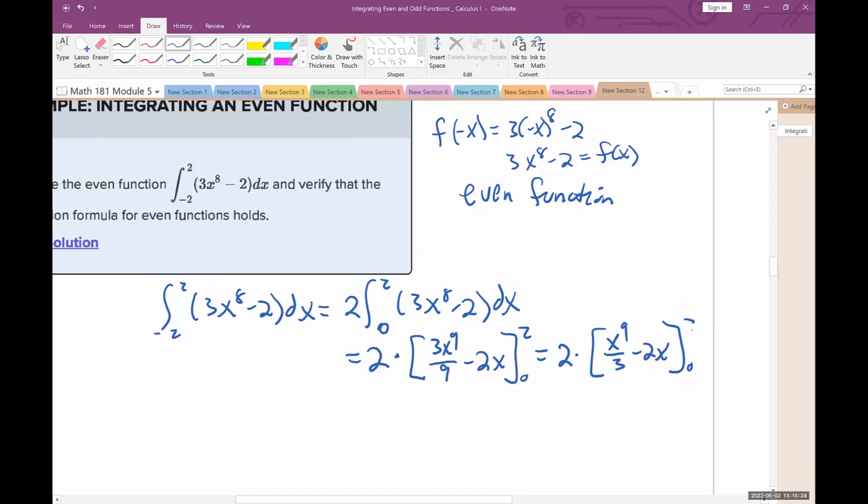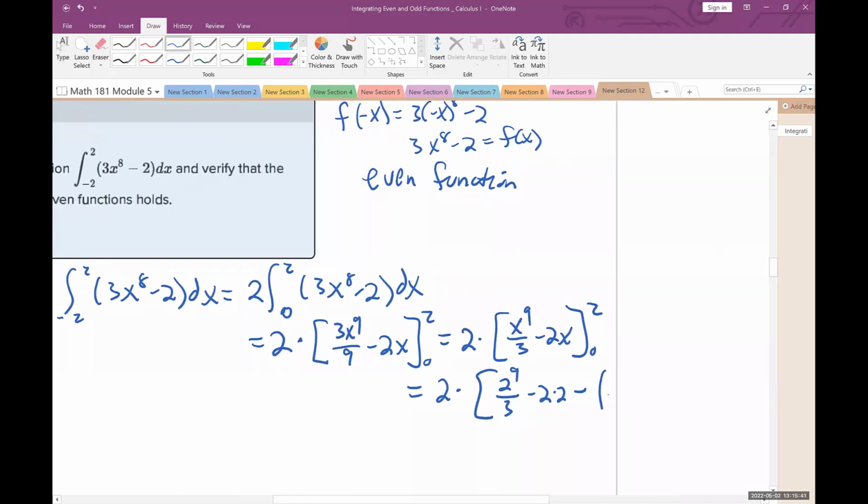And we evaluate this from 0 to 2. So we have 2 to the ninth over 3 minus 2 times 2, minus the quantity 0 to the ninth over 3 minus 2 times 0.